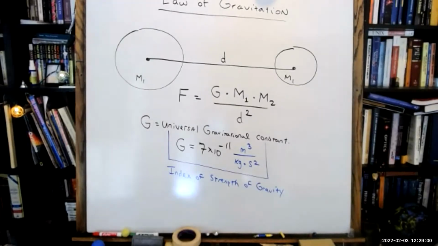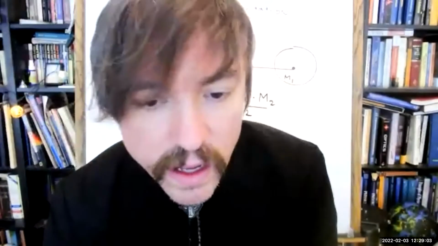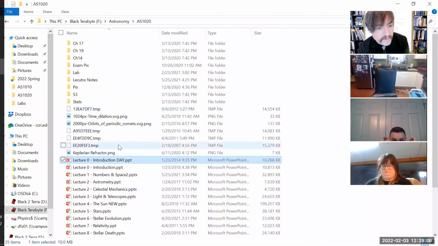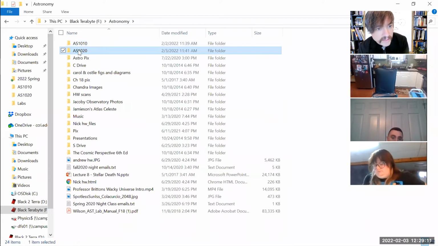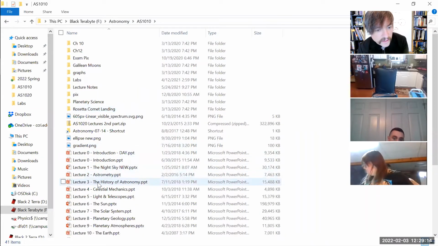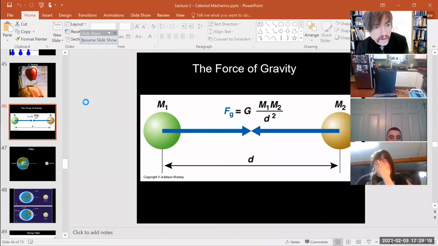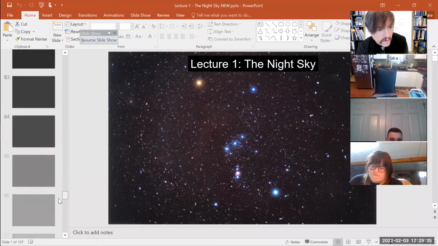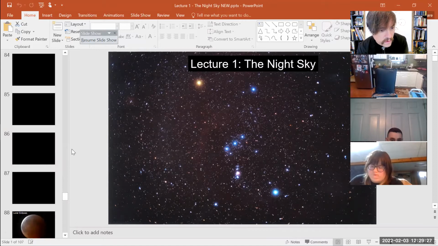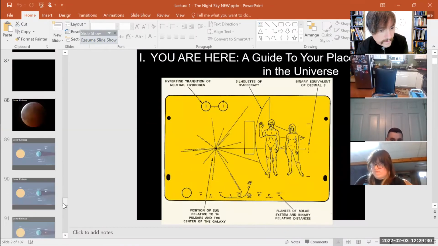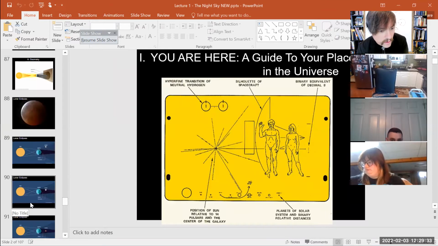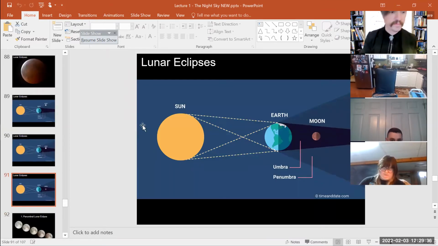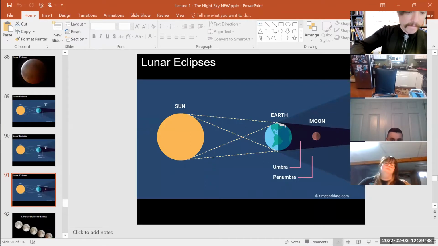Why don't we try a sample calculation? Here, let's consider some famous astronomical objects. Let me go over to my 1010 slideshow for a second. What if we consider the Earth and the Moon and the Sun?